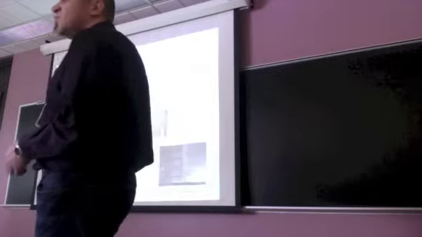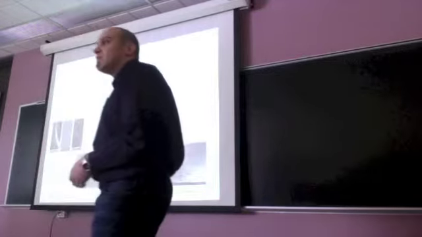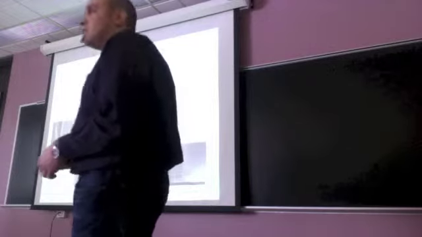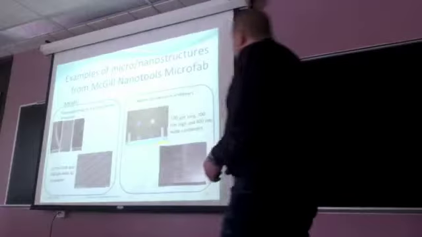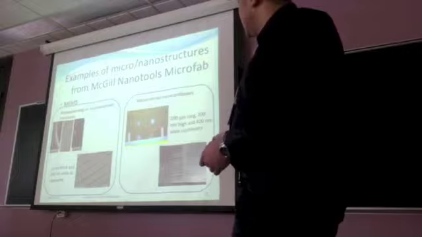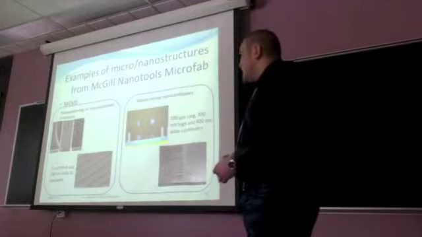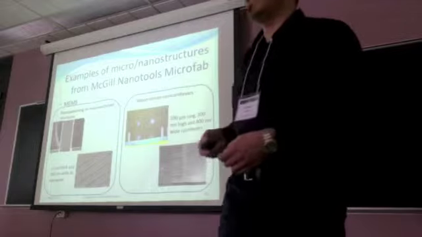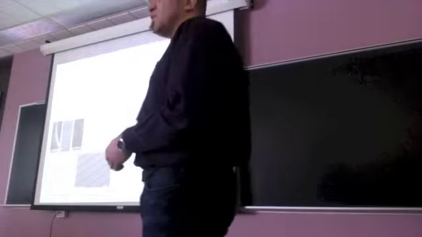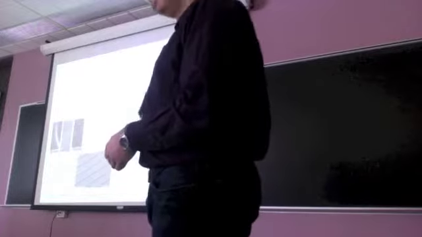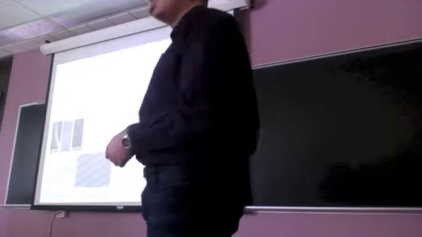This kind of structure can be useful to study the internal friction of metals on silicon. On these pictures, you can see silicon nitride cantilevers made by e-beam lithography and reactive ion etching. Again, these structures can be used to study mechanical properties. In this case, it's a low-stress silicon nitride layer.